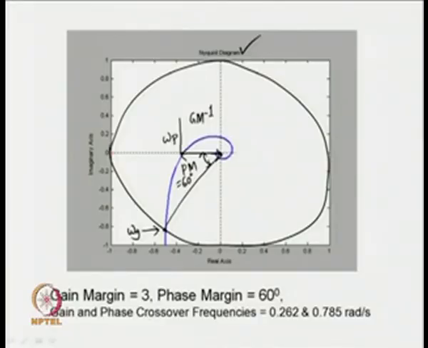The phase and gain crossover frequencies may not be directly apparent from the Nyquist diagram, but those can be calculated from the analysis. Now, what information do we get from all these margins? How far our operating point is from the unity circle or from the minus 1 plus j0 point gives us information about the stability of a system.